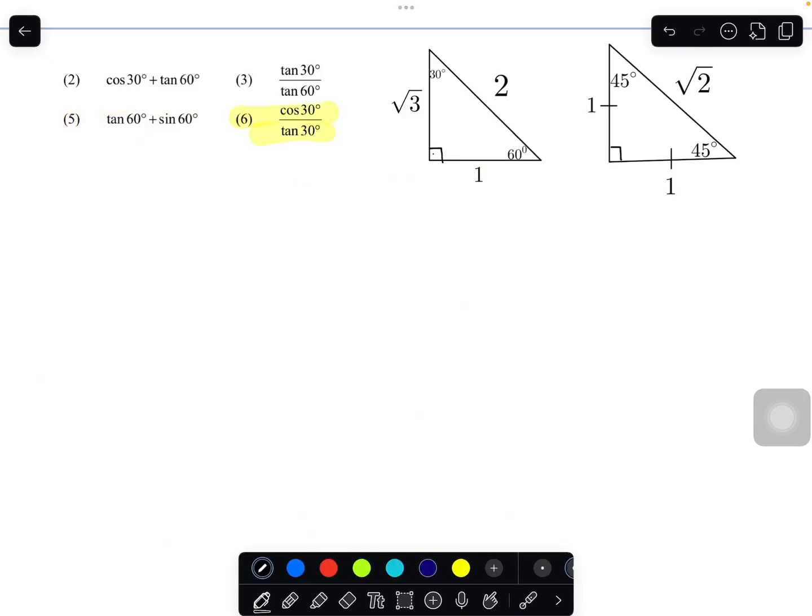We now have cos 30 over tan 30. Now, the cos of 30 is my adjacent over my hypotenuse, which would be root 3 over 2, divided by tan 30, which is my opposite over my adjacent.